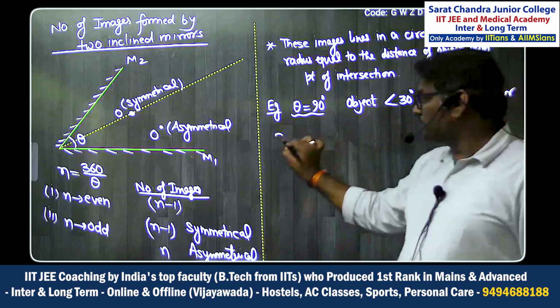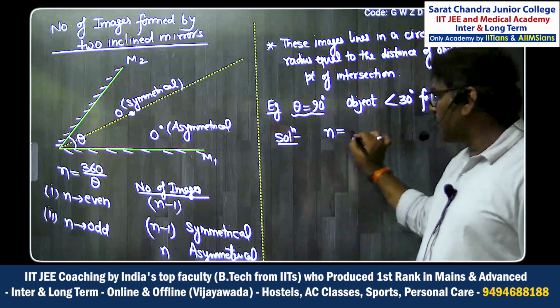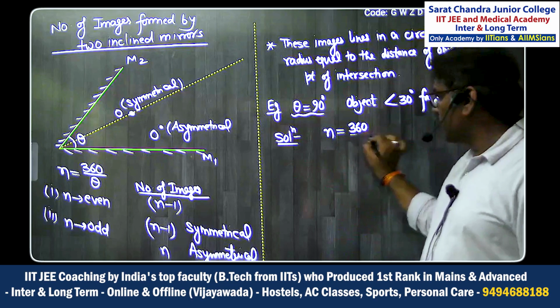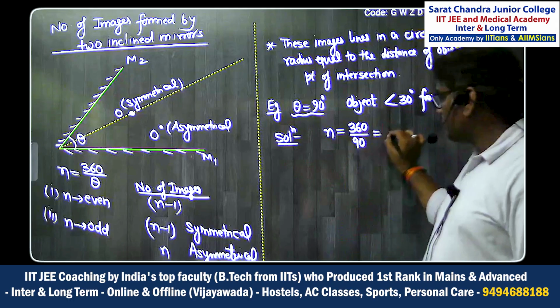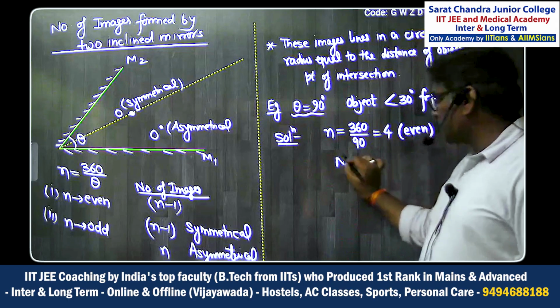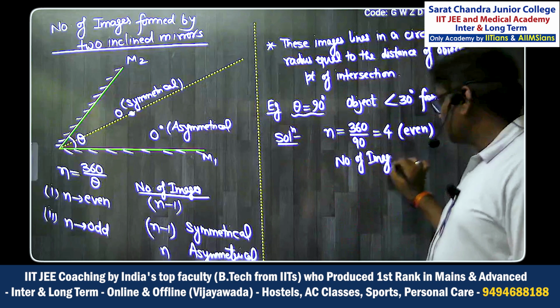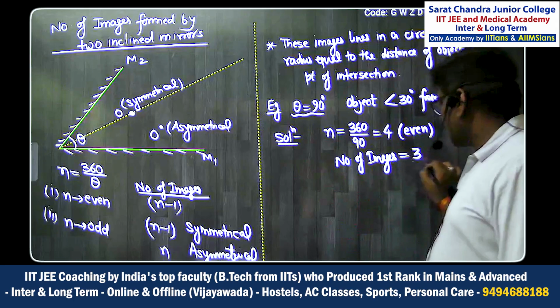How many images are formed here? You will say, sir, the n value is 360 by 90, which is 4. 4 is an even number. That's why the number of images which will be formed here is 3. Number of images are 3.